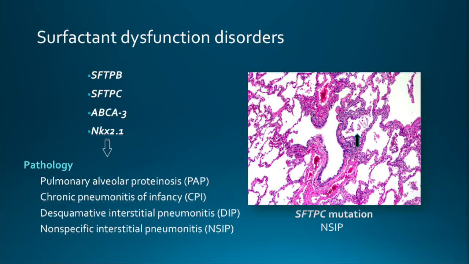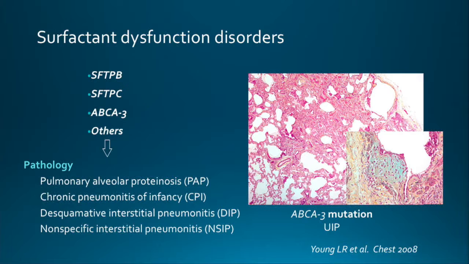If you go to the next slide, what you'll see is a case that Lisa Young and I reported of a 15-year-old, I believe he was 15, who presented at that age with clubbing and respiratory insufficiency, had a pattern of UIP, so IPF in adults, very unusual in children, and this patient was found to have an ABCA3 mutation.